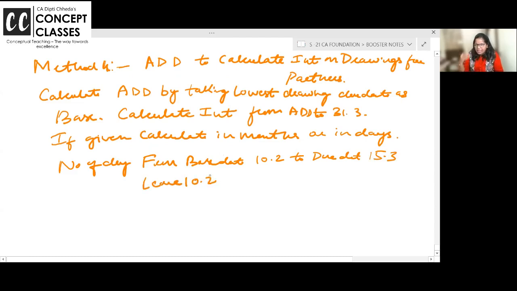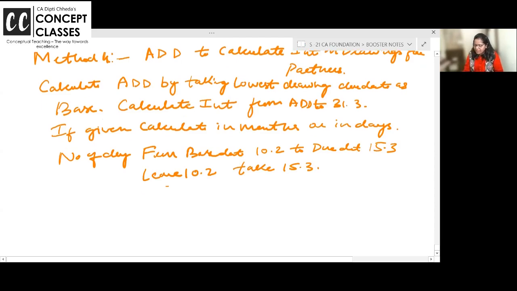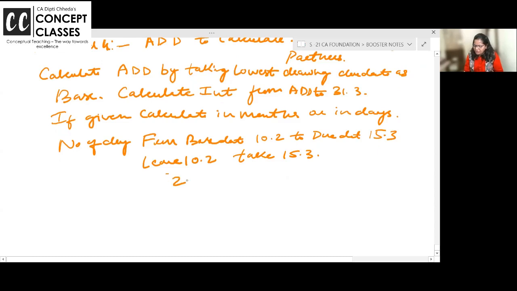Leave 10th of February, take 15th of March. February has 28 days, not a leap year, so leave 10. So 18 days, and March's 15 days we will add. So how many days are coming? 33 days. Nice example this is.